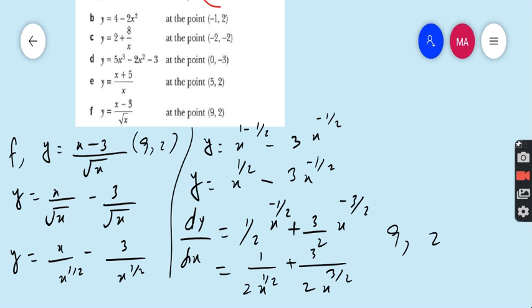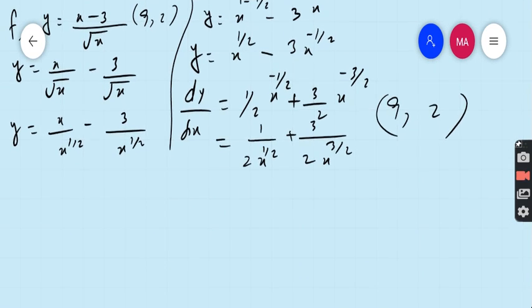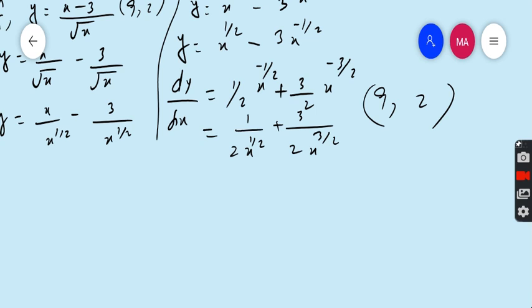Now satisfy with the point 9. 1 upon 2, 9 to the power half, plus 3 upon 2, 9 to the power 3 upon 2.